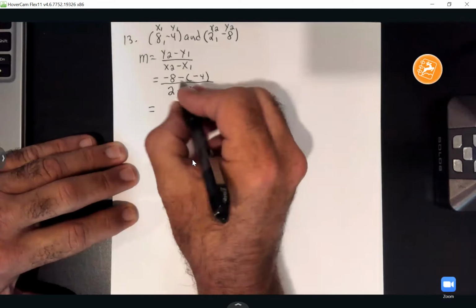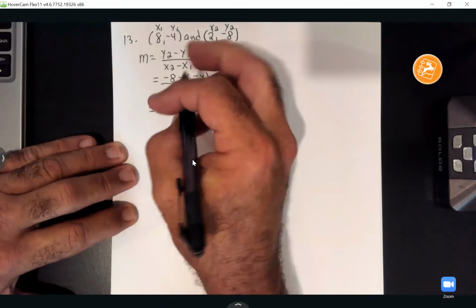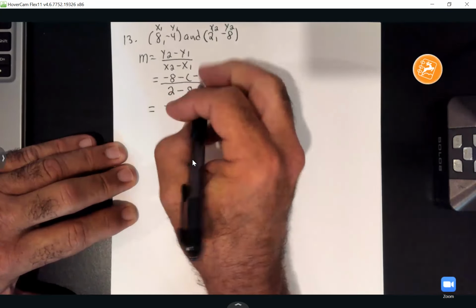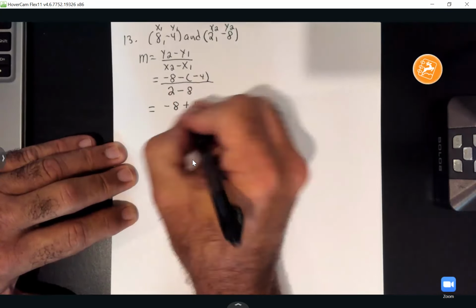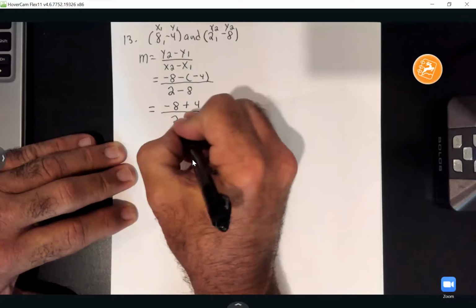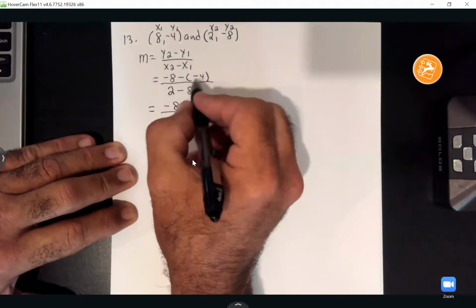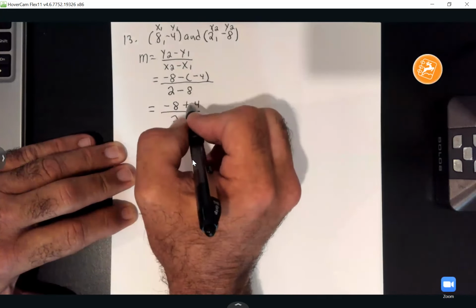So y'all, before I do anything, this double negative here, they want you to go like this. -8, double negative makes that a +4. And in the bottom, I'll just keep 2 minus 8. So the only thing I did on that step, remember, when you subtract a negative, it becomes a positive.